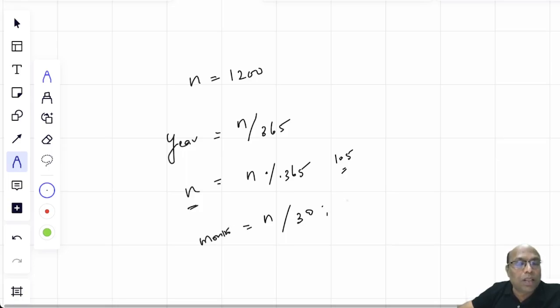That will be 3. Don't store it in n. If you store it in n, your n will become 3, and you will lose the remaining. Therefore I put 105 modulus 30, which will become 15. I store it in n.